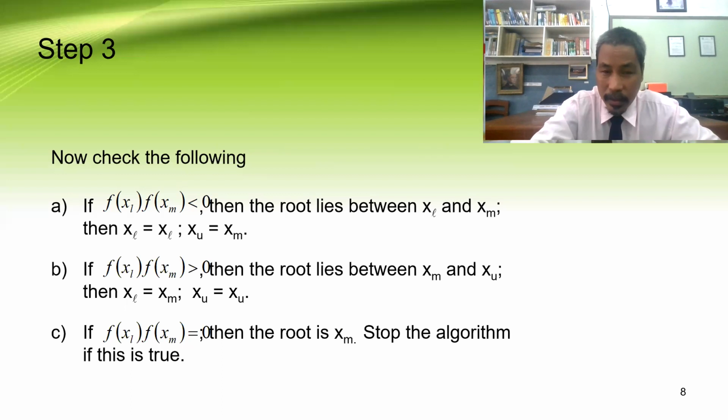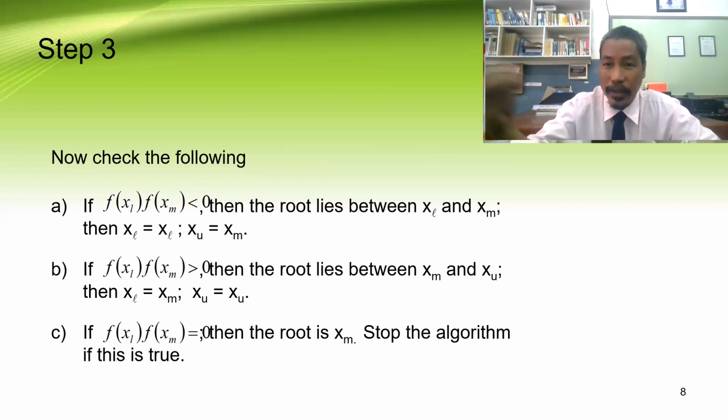If the product is negative, then the root lies between XL and XM. So that is our check. And if that is the case, therefore, let us make the new value of XU, the upper limit. What is now the new value for the upper limit?